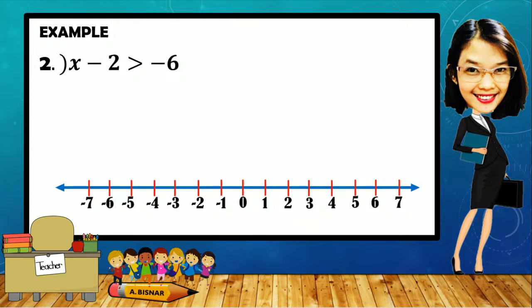Next, x minus 2 is greater than negative 6. Since that is minus 2, then you have to combine it with the other constant on the right side. So, this means that we have to add 2. So, let us write x minus 2. Wait, let's erase.